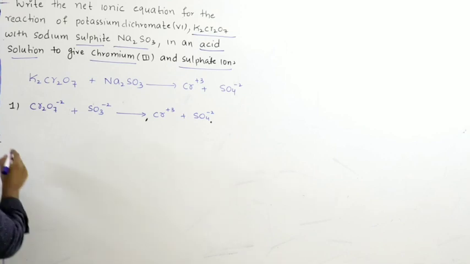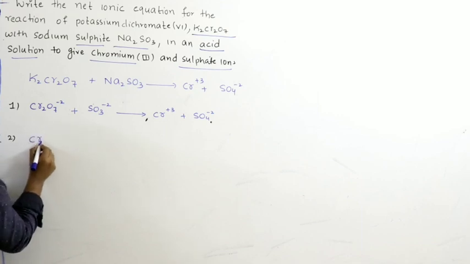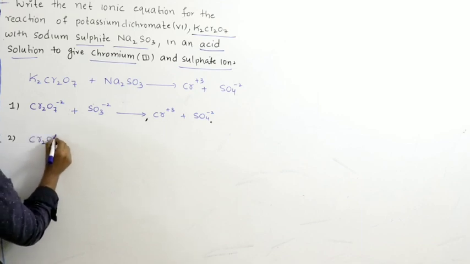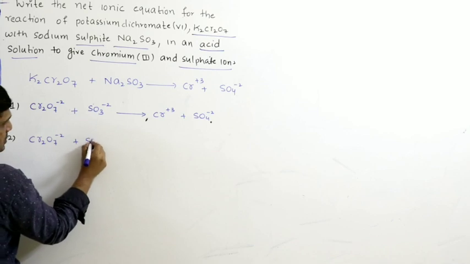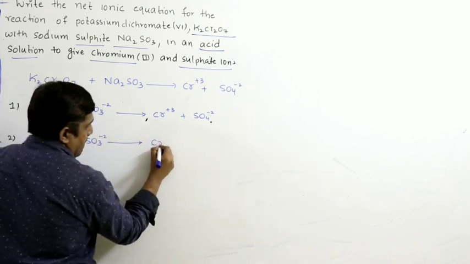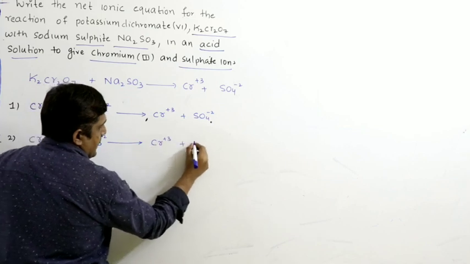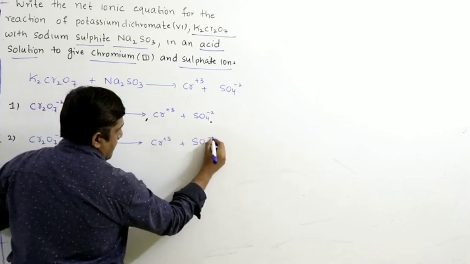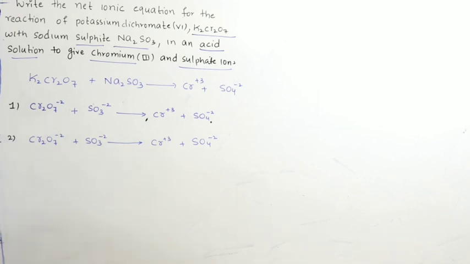Next, we have to assign the oxidation state. I am writing once again Cr2O7 -2, SO3 -2. So, the chromium oxidation state.